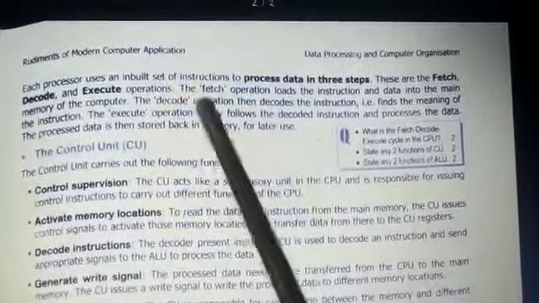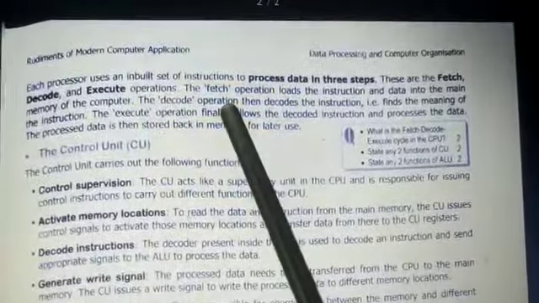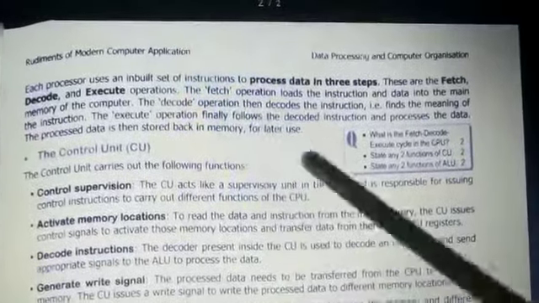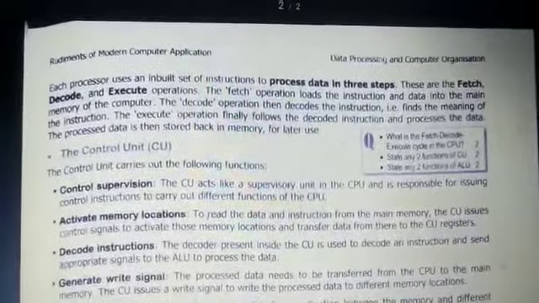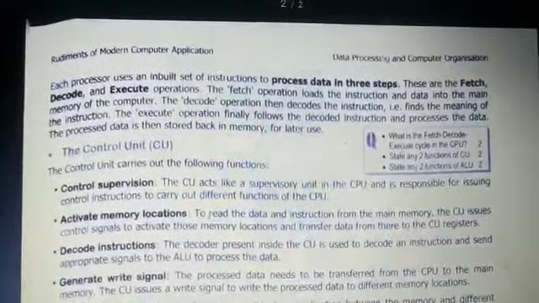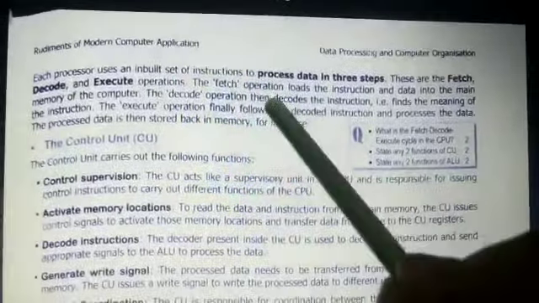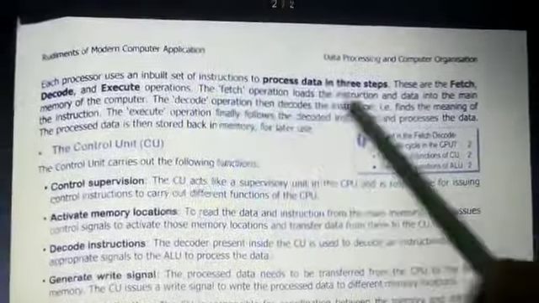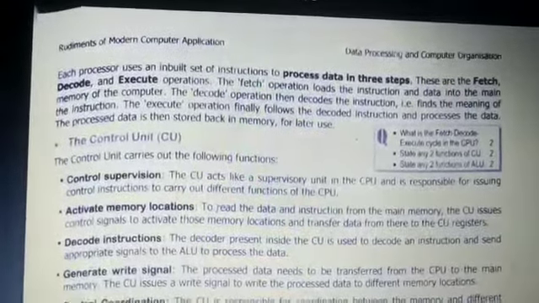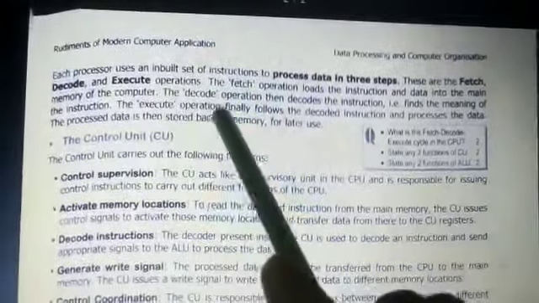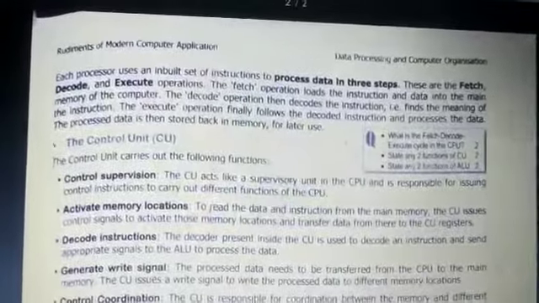Then we have to understand the meaning of the instruction, whether we have to perform any addition, or subtraction, or any logical instruction. That is called the decode phase. After understanding what the operators are, what the operands are, and what we need to perform, we will finally execute the operation.